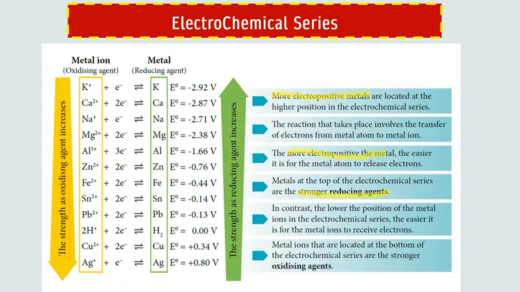In contrast, the lower the position of the metal ions in the electrochemical series, such as silver ions, copper ions, hydrogen ions, and lead ions, the easier it is for the metal ion to receive electrons. When the metal ion receives electrons, it will undergo reduction reaction. Therefore, they are the stronger oxidizing agents.